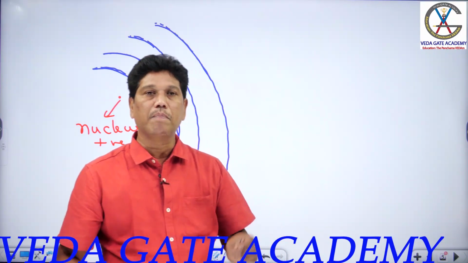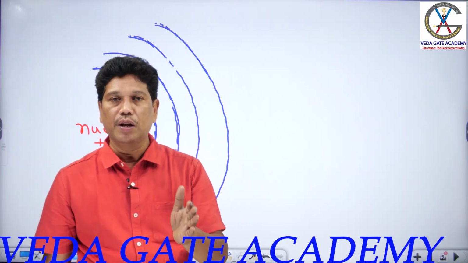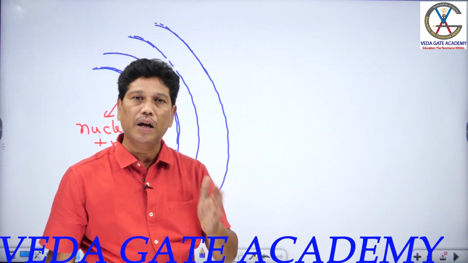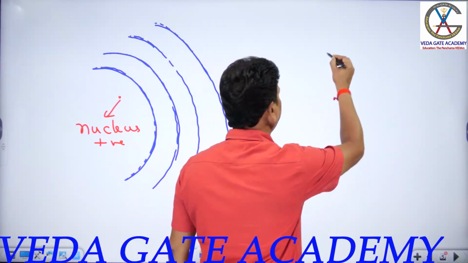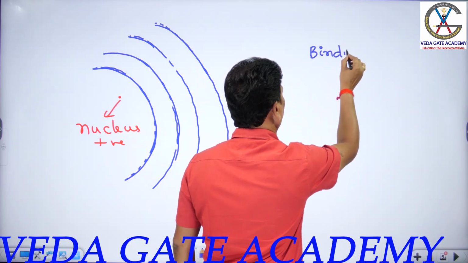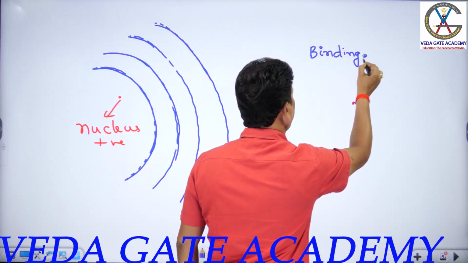Confirm my option: binding energy does not mean energy. It is a measure of force of attraction between the electron orbit and the nucleus. One of the terms I introduced, students: what is binding energy?